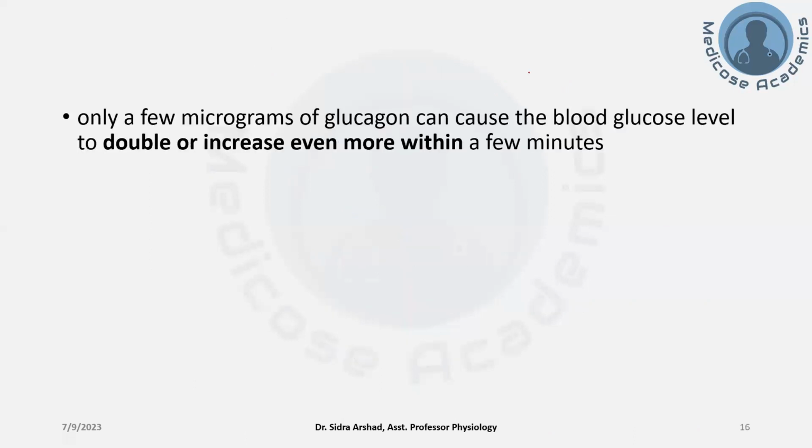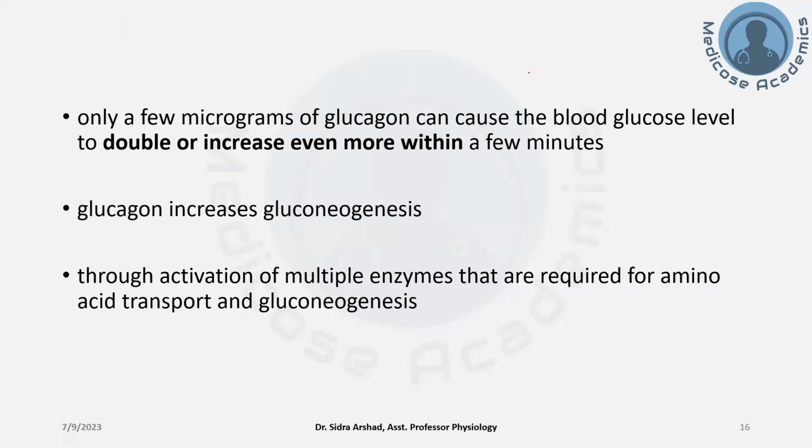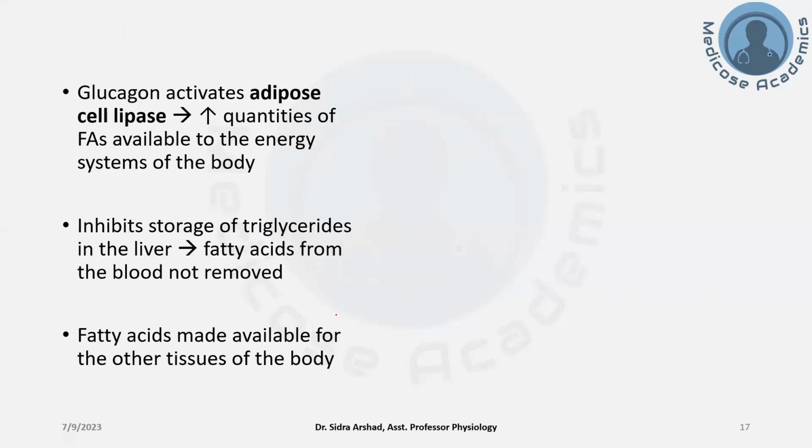Only a few micrograms of glucagon can cause the blood glucose levels to double or increase even more within a few minutes. So glucagon causes prompt increase in the blood glucose levels. It increases gluconeogenesis through activation of multiple enzymes that are required for amino acid transport and gluconeogenesis. Glucagon activates adipose cell lipase, which causes the excessive quantities of fatty acids to be made available as the energy source for the body.